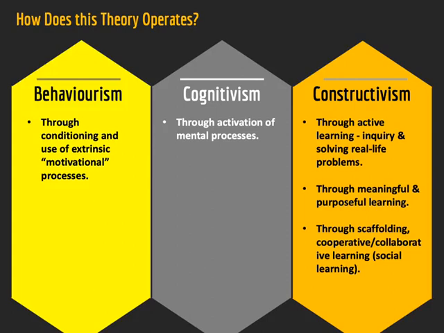And constructivism, on the other hand, operates through active learning that involves inquiry and solving real-life problems, including through meaningful and purposeful learning, and in other situations, maybe through scaffolding, cooperative or collaborative learning that involves social learning.